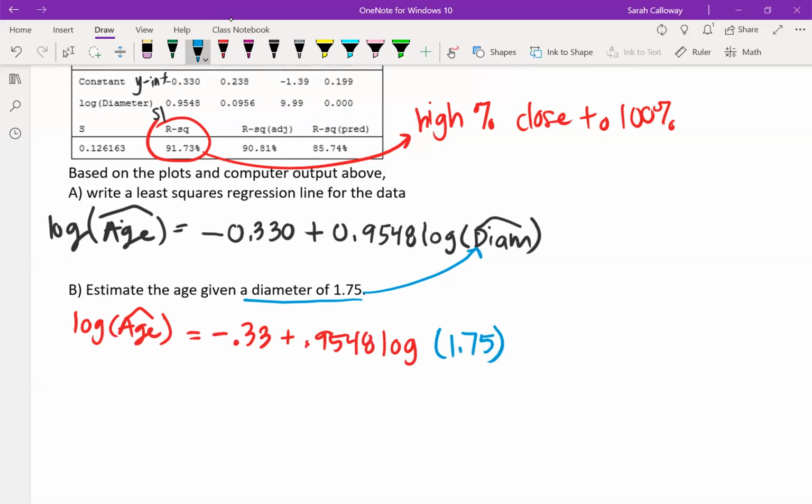I'm calculating the right-hand side, so it's all numbers and a function. That gives me that the log of the predicted age is equal to negative 0.979.